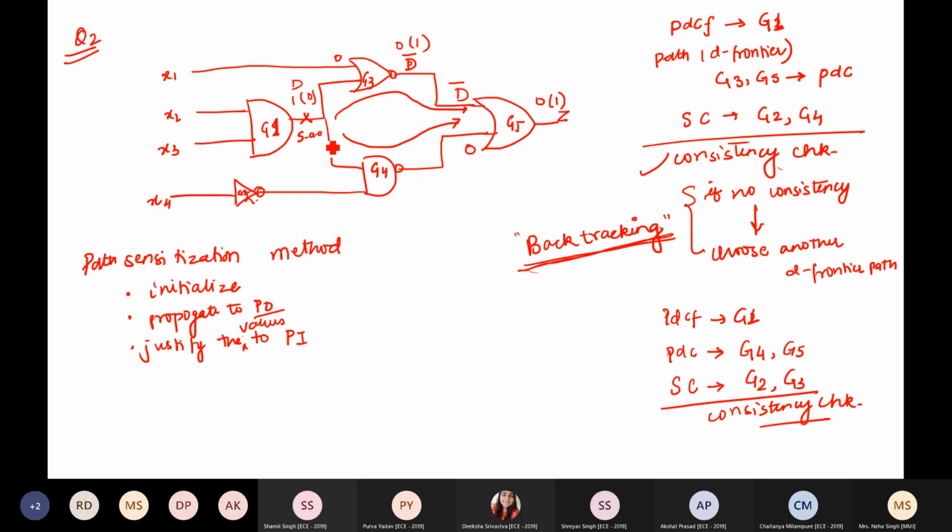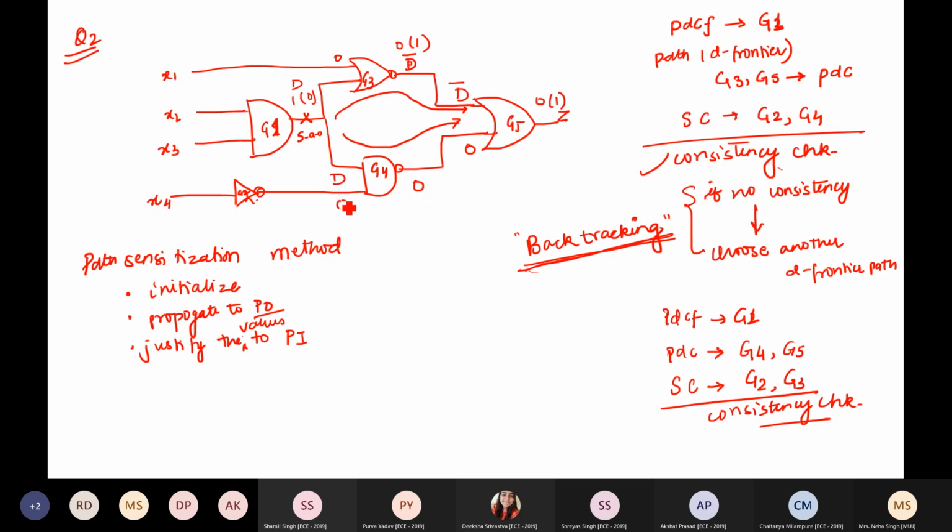Now to justify. Propagation has been performed, the fault has been propagated to output. Now moving back towards primary input to justify the value of 0 at the output of gate G4. When one of the inputs is set to D, I need to ensure that this value is 0.